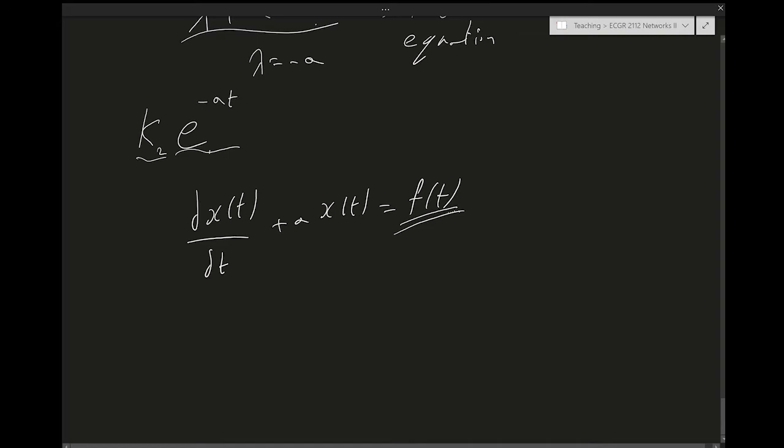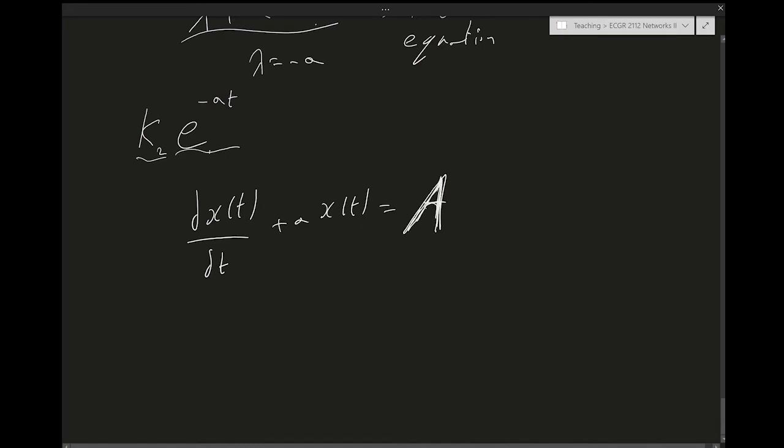But we don't want to go to the most general technique. We will study the Laplace technique at the end of the semester. What we want to go with is cases where we have a sudden change in the network, but the sources themselves are constant. So f of t does not depend on time, it's just a constant. This is the particular solution that we want to find.